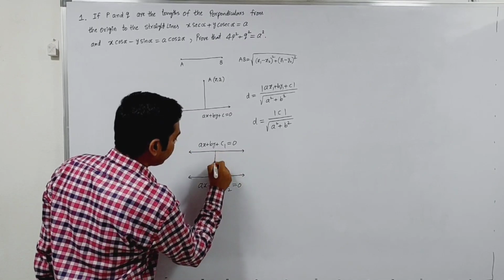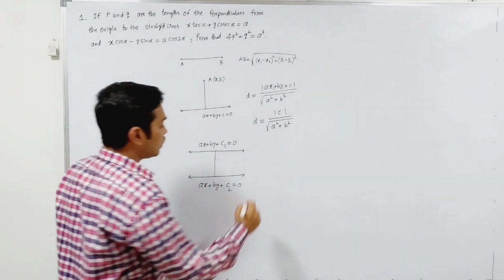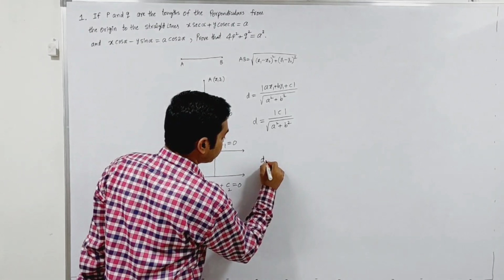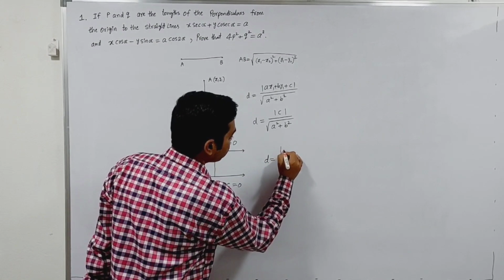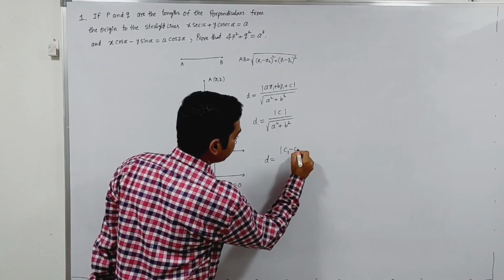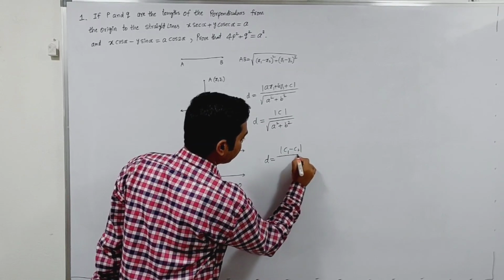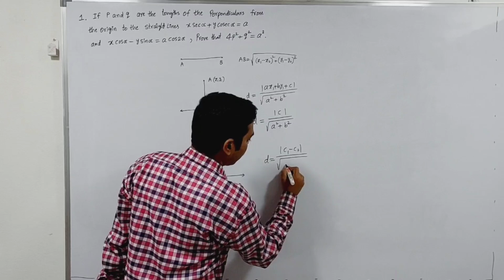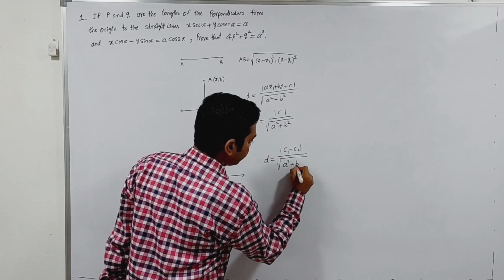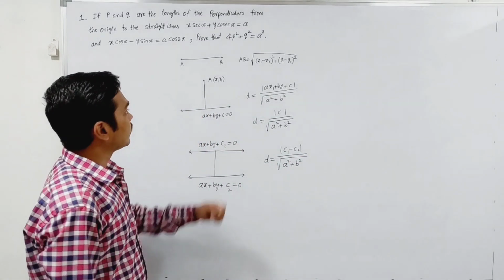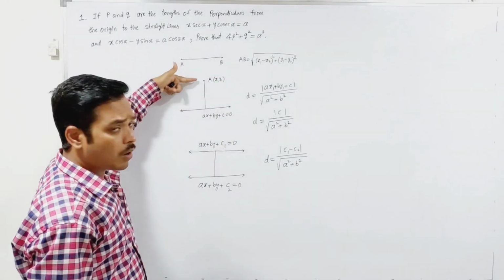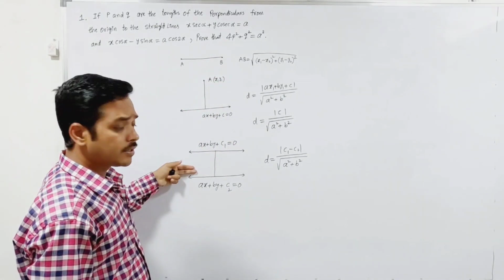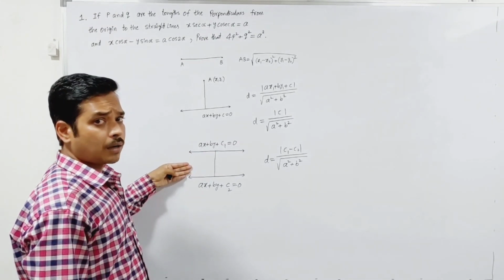What is the distance between two parallel lines? d equal to modulus of c1 minus c2 or mod c2 minus c1 by under root of a square plus b square. This is the distance between two parallel lines. These two are distance between one point and straight line, and this is the distance between two parallel lines.